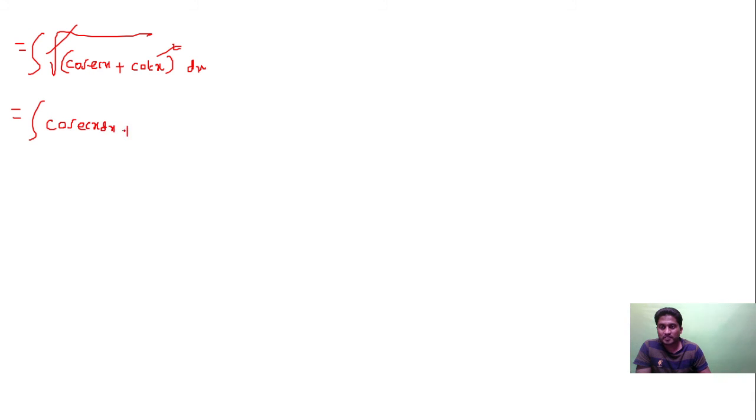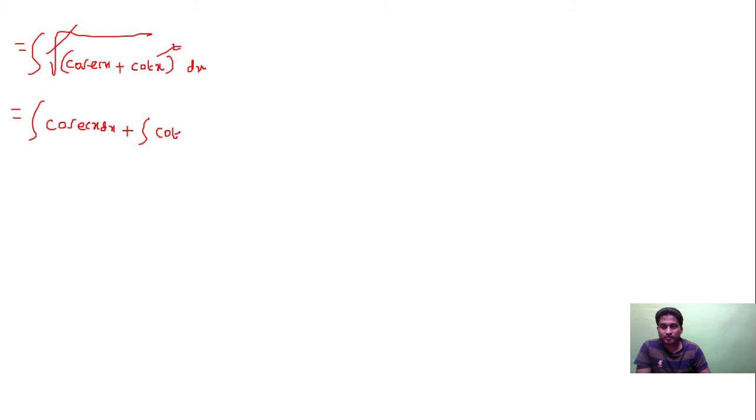This can be written as integration of root of cosec x plus cot x the whole square. Root and square cancel, you get integration of cosec x plus integration of cot x.